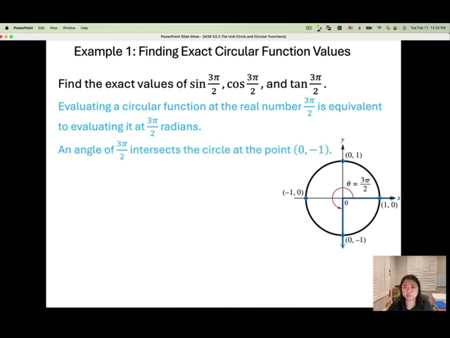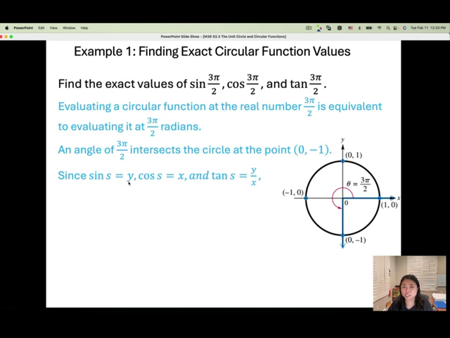And then the angle 3 pi over 2 intersects this coordinate (0, -1). And remember that the coordinate of x will be equal to cosine s. And then the coordinate of y will be equal to sine s here. Okay, right? And then the tangent will be y over x.